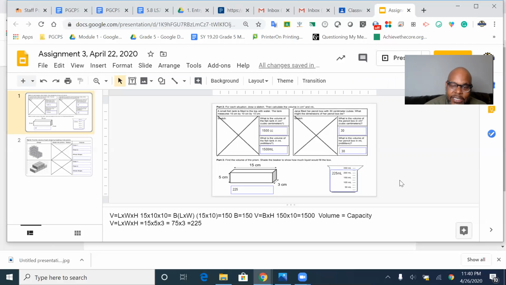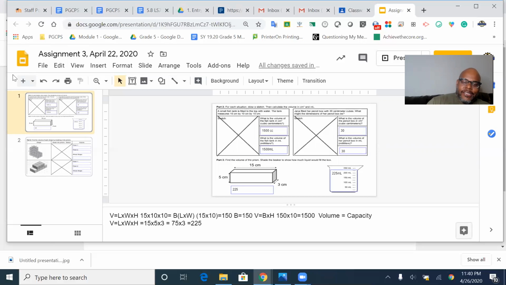Man, see, that's not real difficult, is it? Remember, the same amount you get in cubic centimeters is the same amount in milliliters. Remember that the formula for volume is length times width times height, which means if you added those, you're wrong. If you didn't multiply all three numbers, you're wrong.